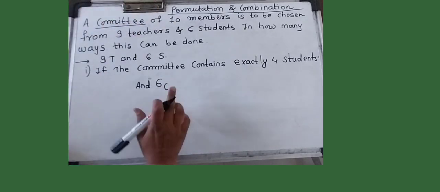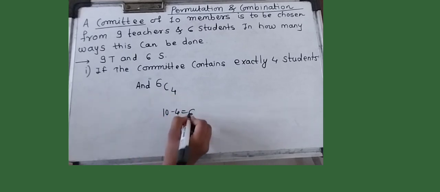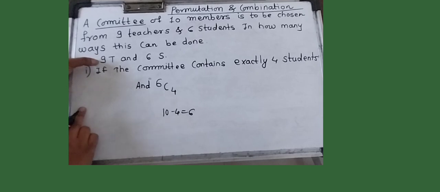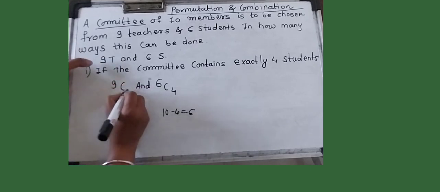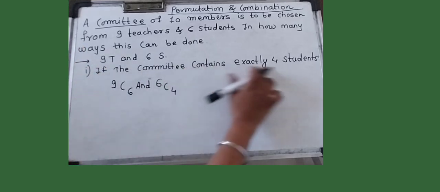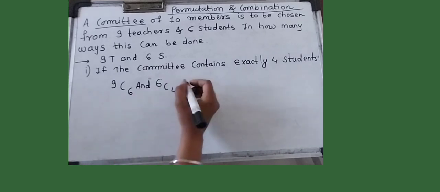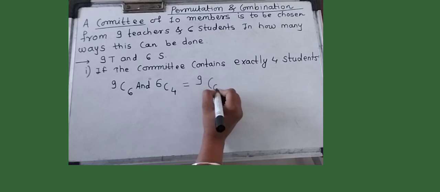So remaining 6, 10 minus 4, remaining 6 from 9 teachers. So I write here 9C6. Condition gets fulfilled. Understood? Solve this and tell me the answer in the comment section.